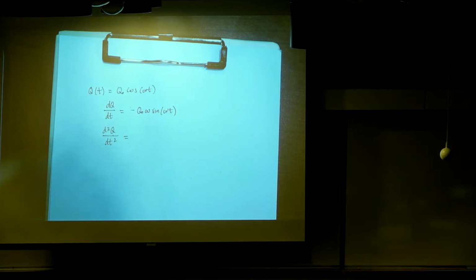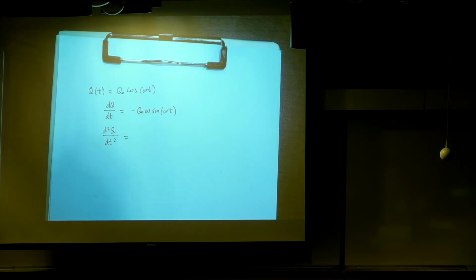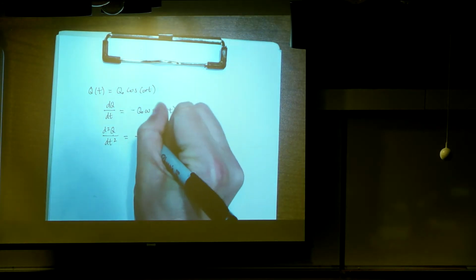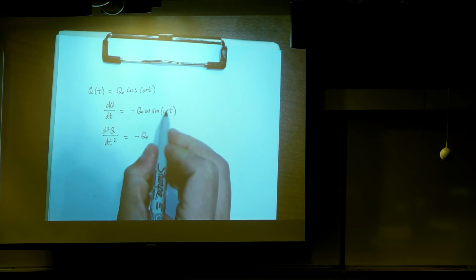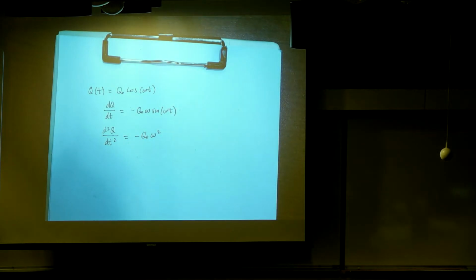Okay, if I wanted to take a second derivative, I would need to now take the derivative of that again, right? What would that give me? Yes, and the negative sign stays, Q naught, and then I have a second factor of omega coming out when I take the second derivative, so overall it's omega squared. And then sine goes to cosine, right?